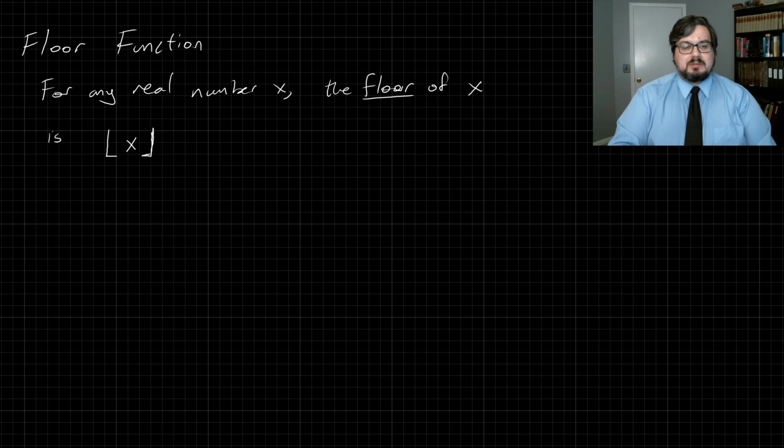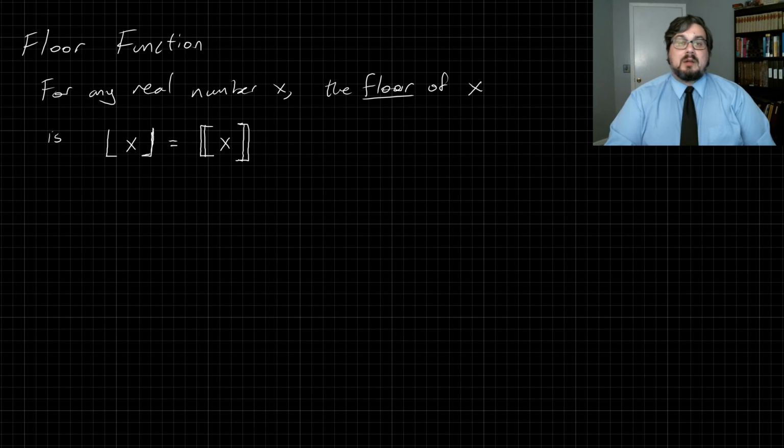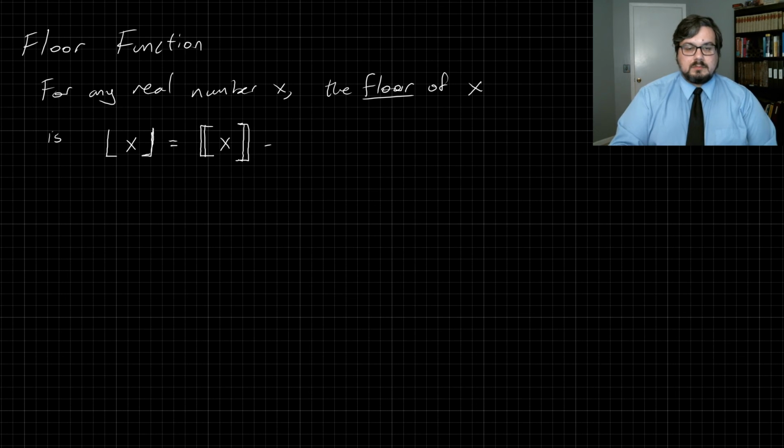So vertical bars with a little lower lip on either side. But you'll also see in the book the authors use this notation, sort of a square bracket with double bars on either side. And it's defined to be the greatest integer that's less than or equal to x.